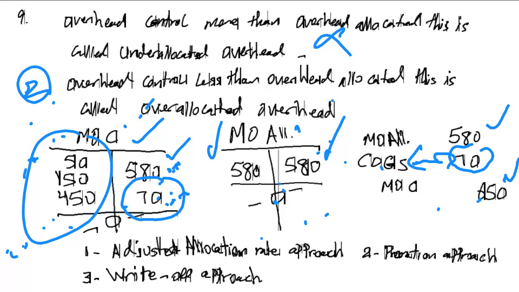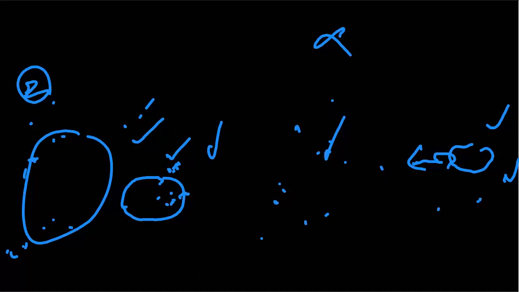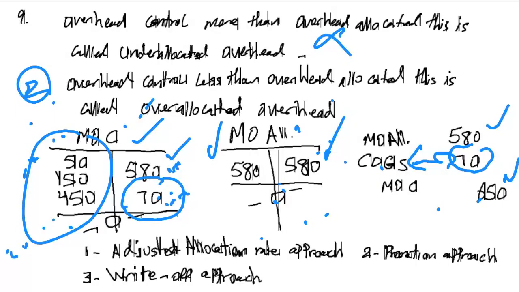So this was the last journal entry in our chapter 4. And again, this is maybe the most challenging part, just to understand this under allocated and over allocated amount. And then you know how to treat that. Use the cost of goods sold for now, which is the write-off approach.